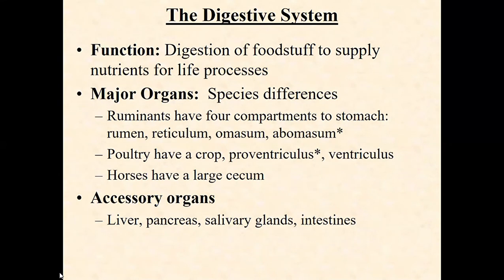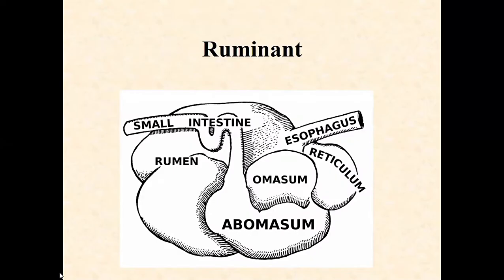And horses have a large cecum. And then you have accessory organs, which are your liver, pancreas, salivary glands, intestines. These are organs that help aid with digestion but are not part of the digestive tract. So if you see accessory glands, that's what it's referring to. It helps aid in digestion, but it's not a part of the digestive tract.